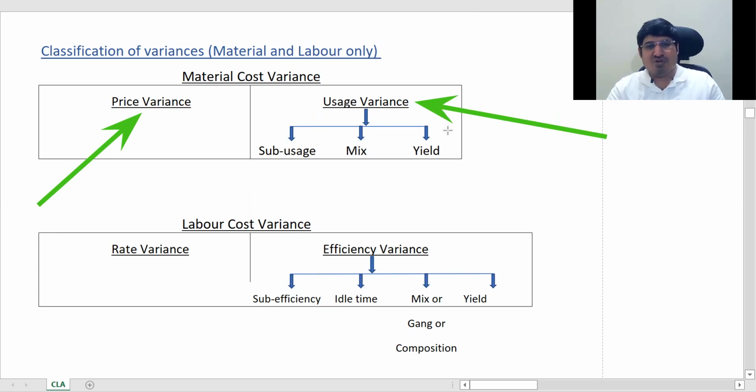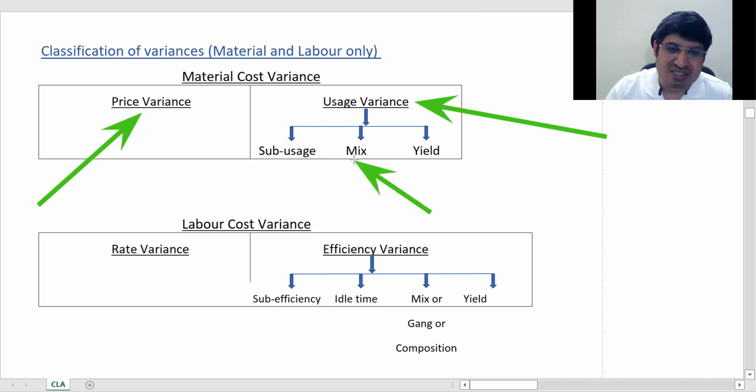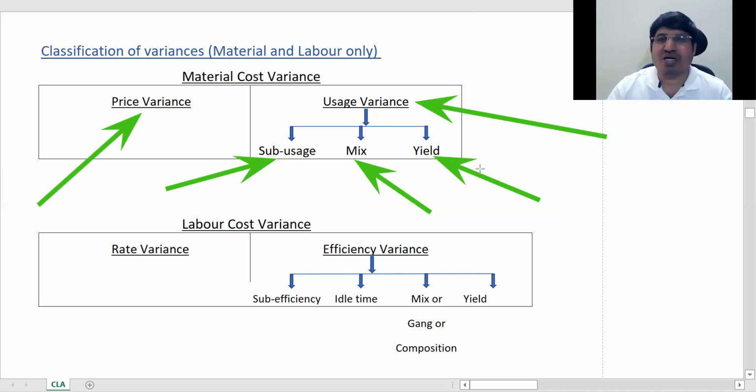Okay. So in usage variance, there are three types of sub variances. Actually, there are two only. One is mix and one is yield. Yield is also called sub usage. When the yield variance is computed from the product, it is called yield variance. When it is computed from the raw materials, it is called sub usage variance.